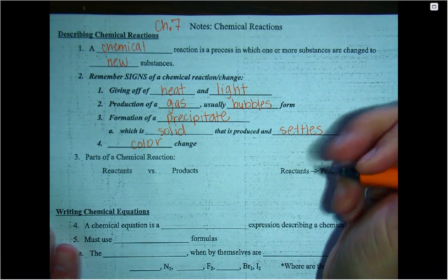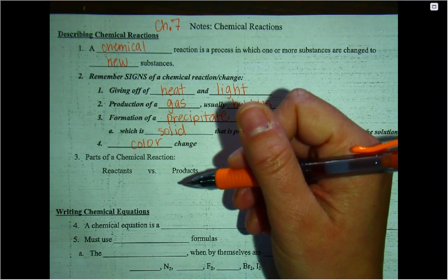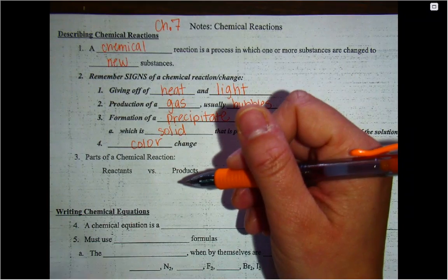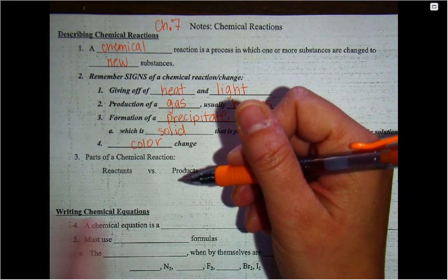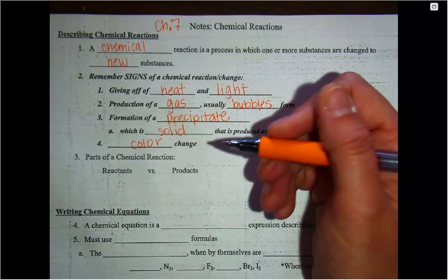We also have our parts of a chemical reaction, right? Today we're really going to go through writing the chemical equations, just what the different symbols used are. You guys have a quick exit ticket after it, okay? So parts of your chemical reaction, the main event is you've got reactants versus the products.